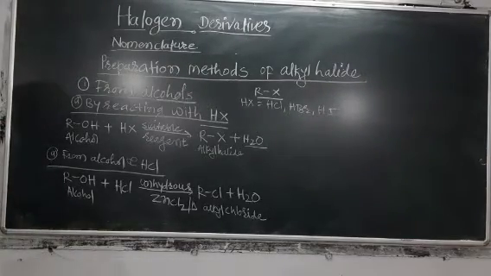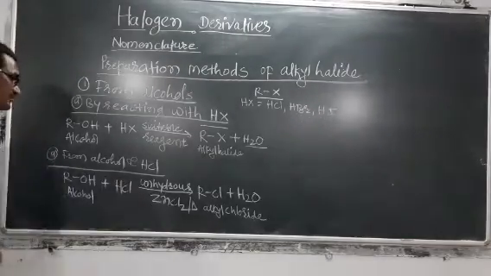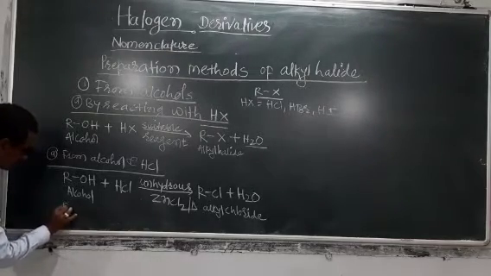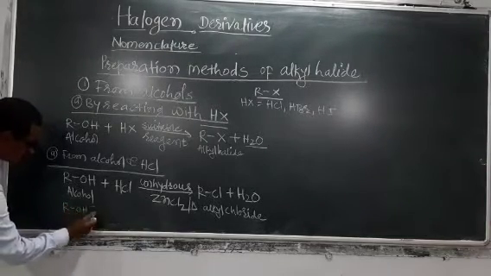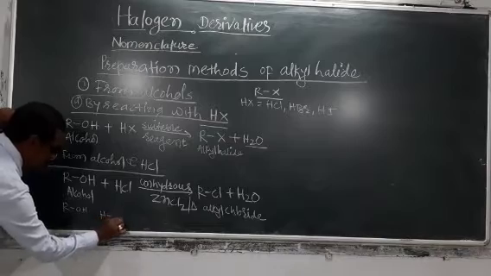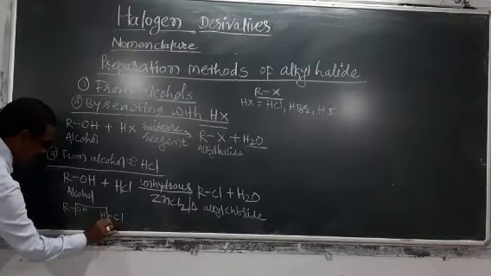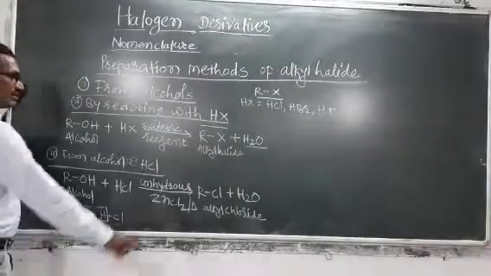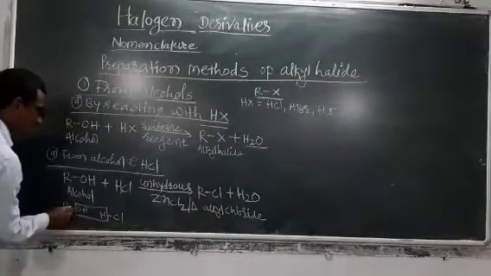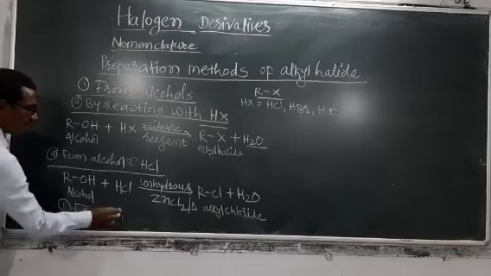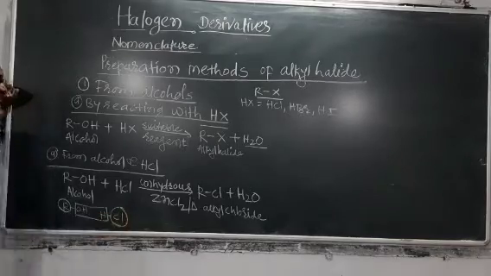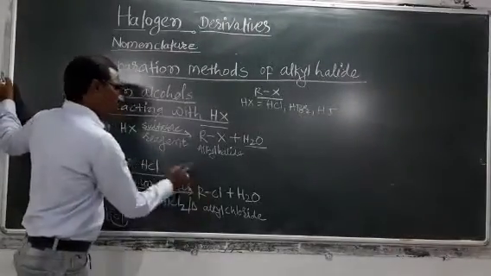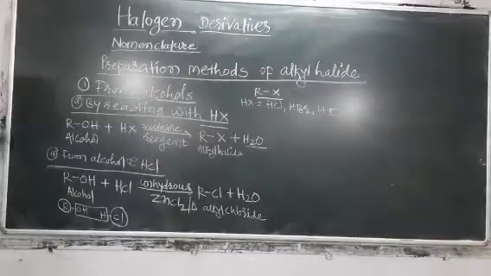What happens here? In ROH and HCl, OH and H combine with each other to give a water molecule. This R and this Cl combine with each other to give RCl, alkyl chloride.